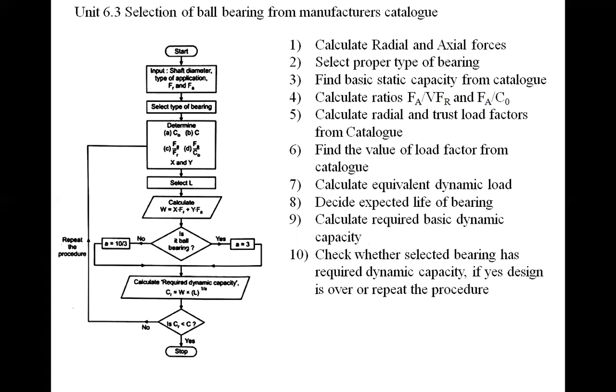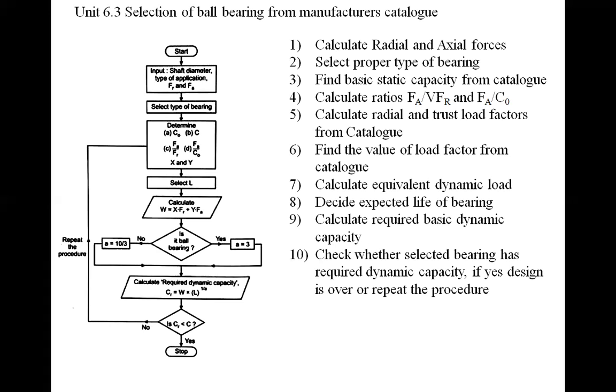We know some of the factors, such as radial or thrust load factors. This much is the known thing here. So in bearings we need not go for much more complicated calculation, as in our other machine components. Here, the important thing is how to select the bearing from the catalog.